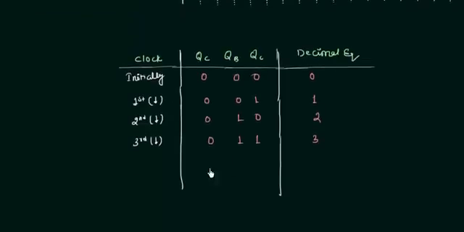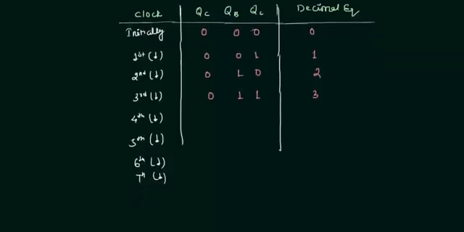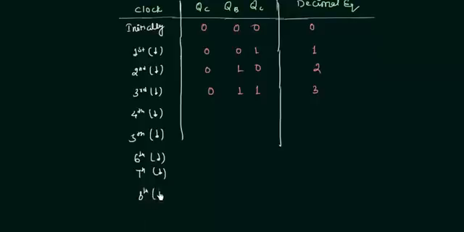Now we will check for the rest of the falling edges, which is my 4th falling edge. This downward arrow represents the falling edge, and the 5th falling edge is there, 6th, 7th, and finally the 8th one.